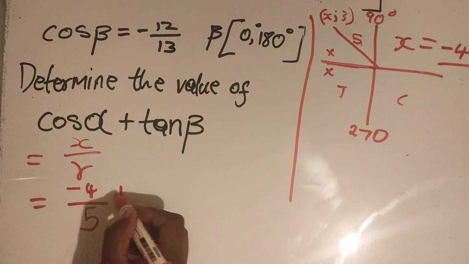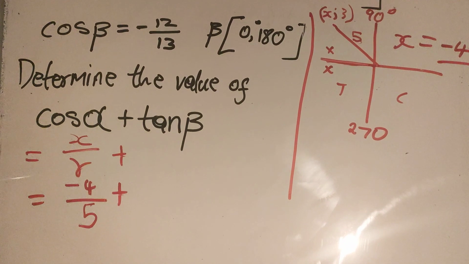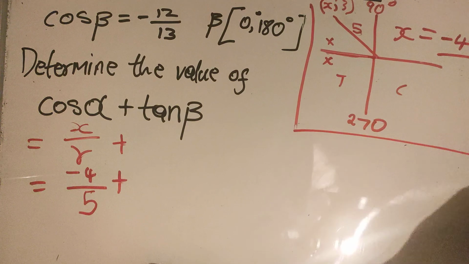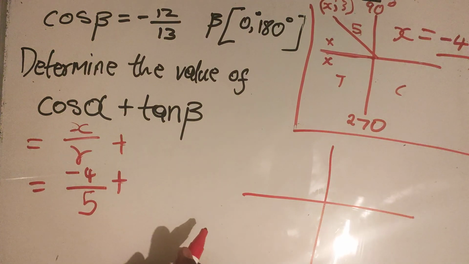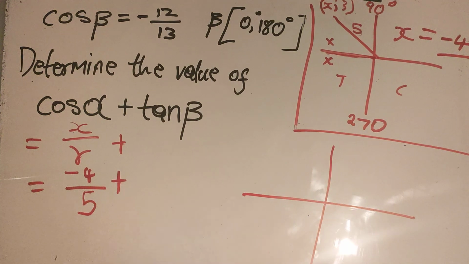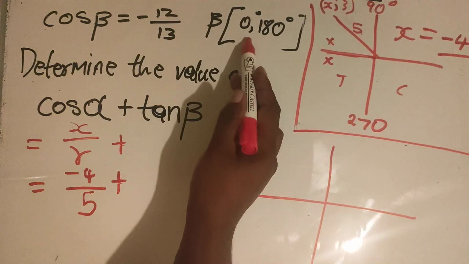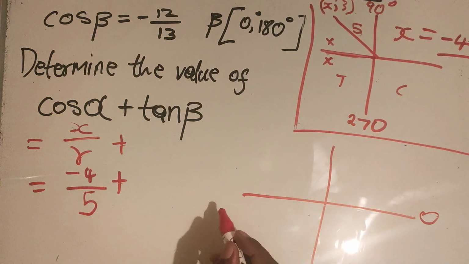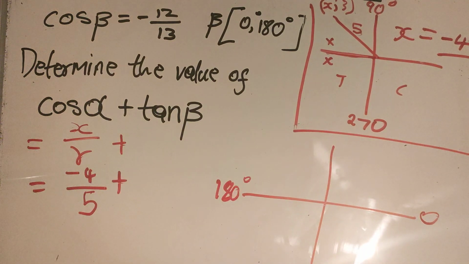So now we need to find tan beta. Let's create another diagram for tan beta. Just close this one. Okay, what is given about tan beta? We know that we are working from 0 to 180.